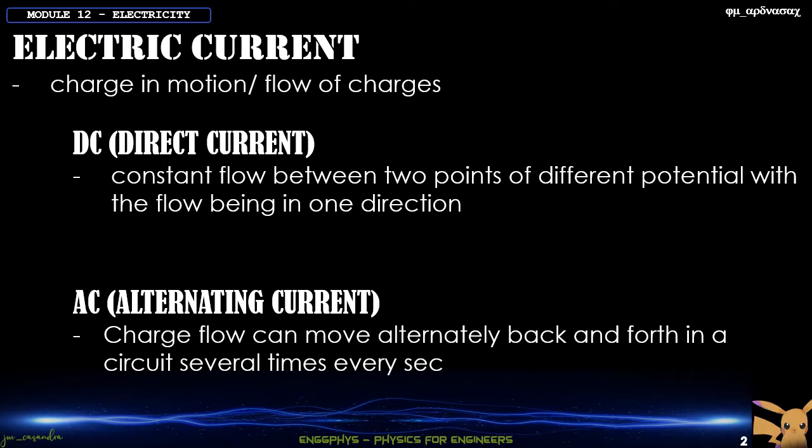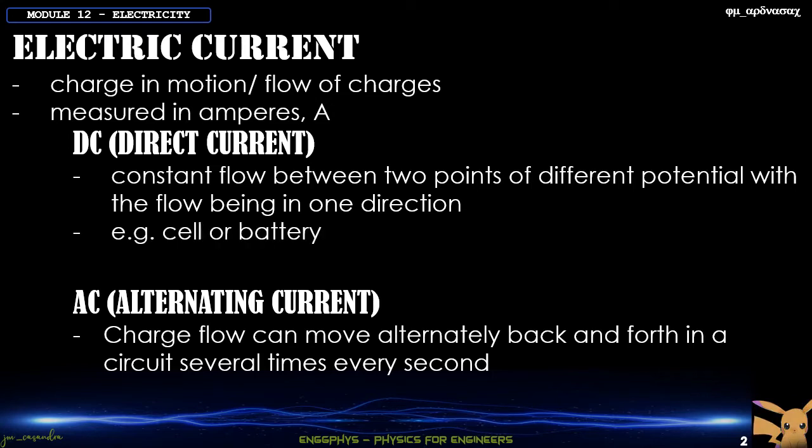Okay? So for these two types of electric current, we measure them in amperes, or simply A. An example of direct current includes cells or batteries, or anything that has a positive or negative terminal, so it's a direct current.